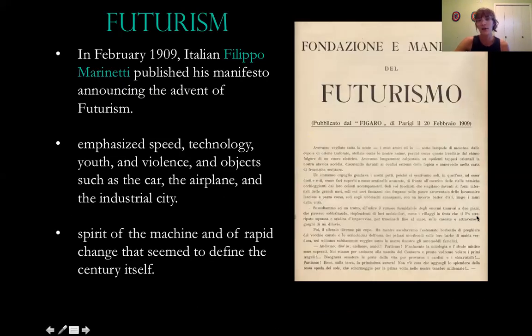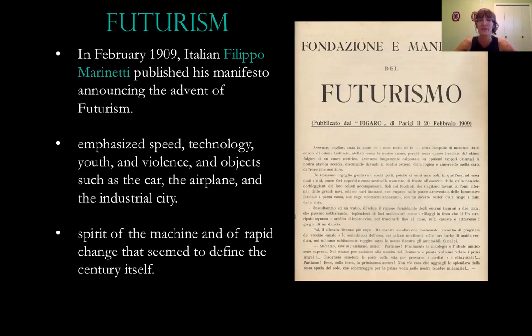I also want to talk about Futurism. This is another movement that pops up here in Italy right around the turn of the century. So in 1909, Italian Filippo Marinetti published a manifesto, as many of the starters of these art movements do, announcing Futurism, the coming of Futurism.